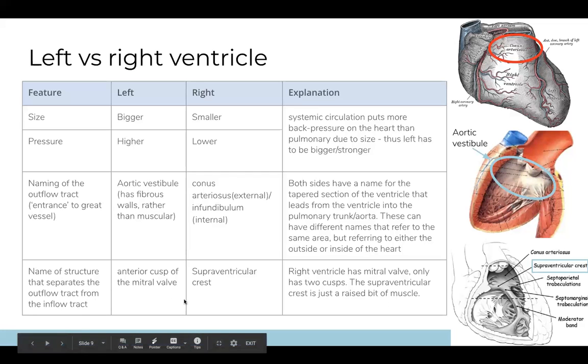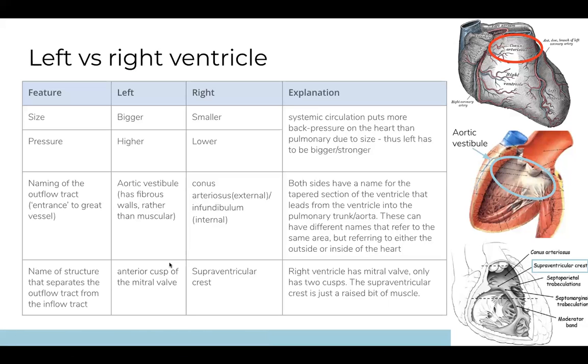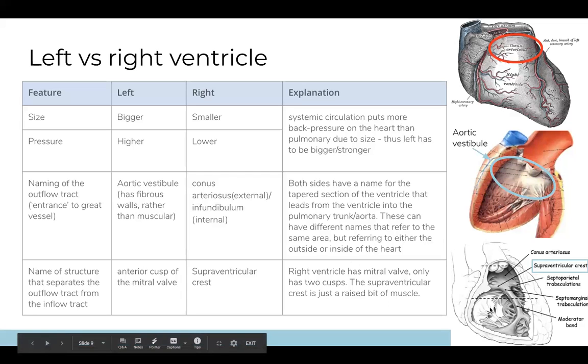And then they have things that separate the outflow tract from the inflow tract, because you don't want blood flowing in to mingle with the blood that's trying to flow out, and the blood flowing out trying to mingle with blood flowing in. So it has some sort of structure to actually guide the blood around. We don't want it to go back into the atrium or something.